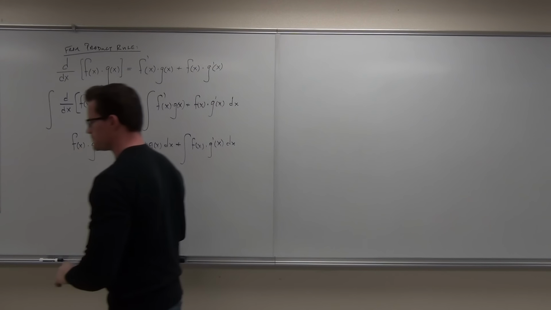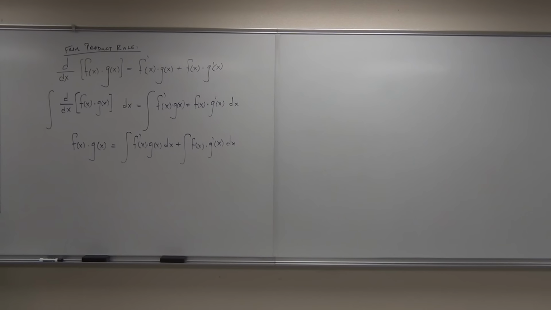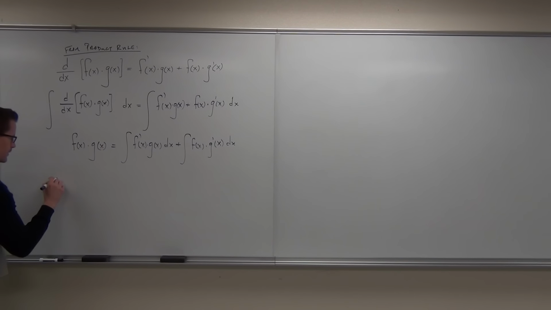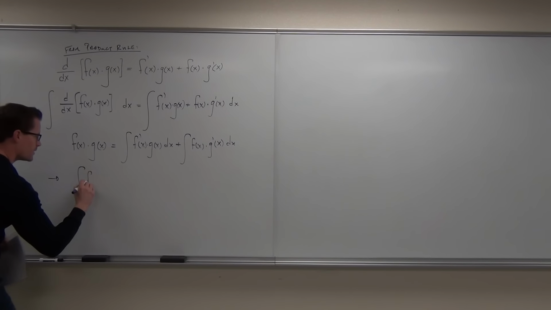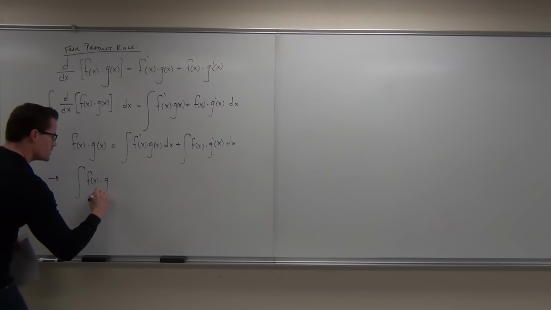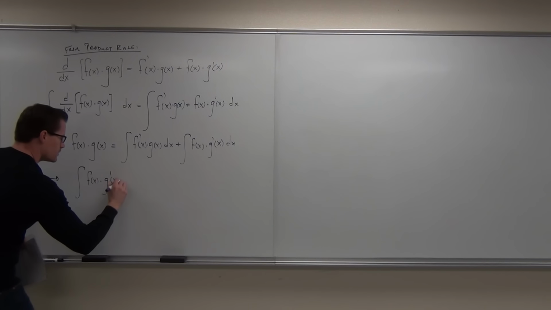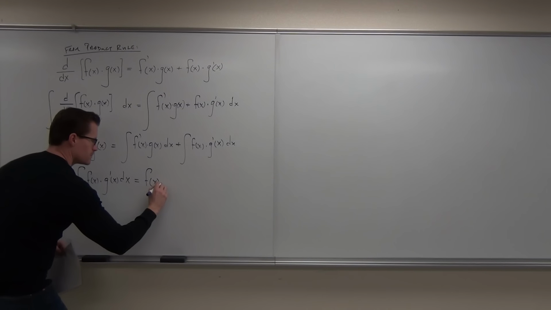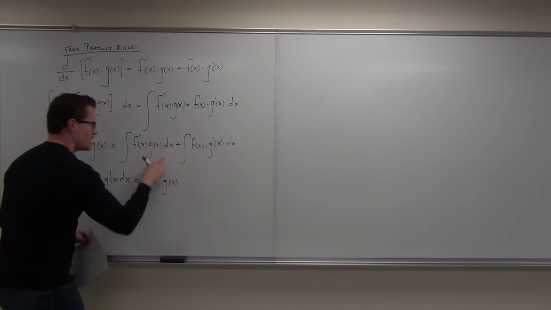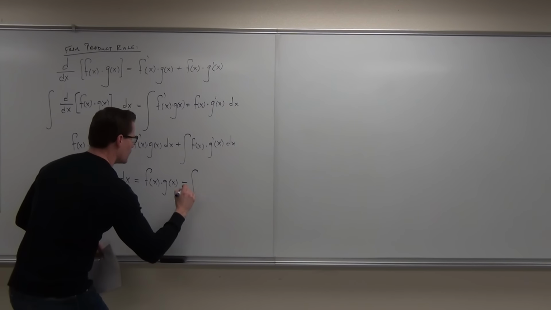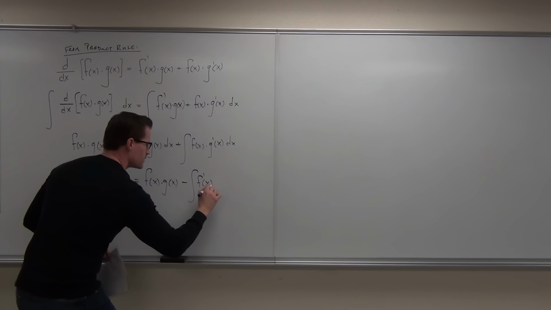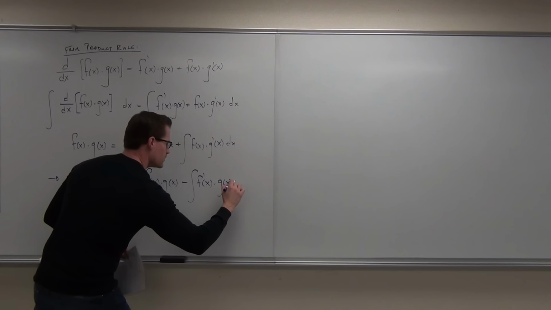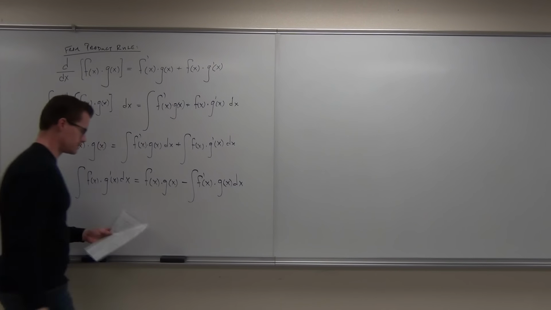Okay, so if I do, then we've got the integral of f of x times g prime of x dx equals, I'm going to keep this, and if I have subtracted that, I'll have f prime of x times g of x dx.